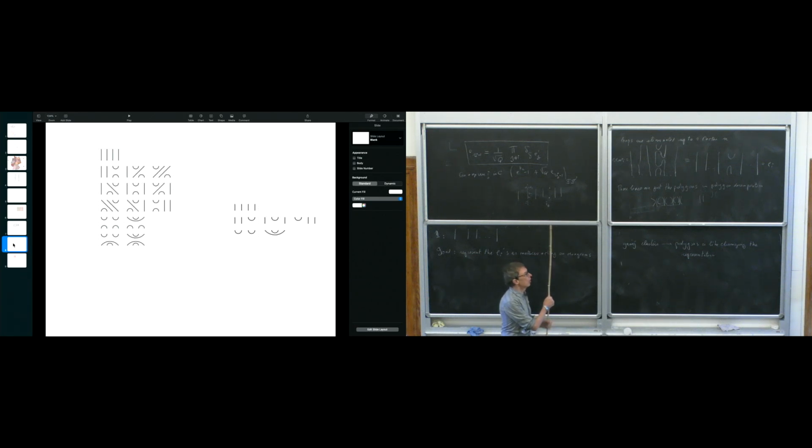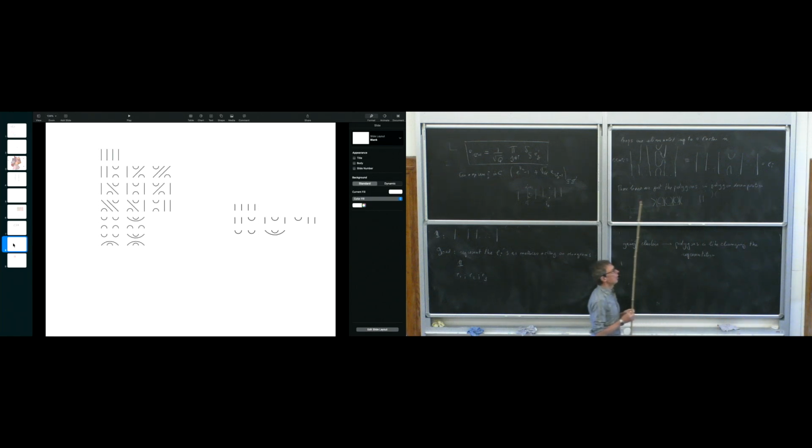I have 9 diagrams below. This is E3, this is E2, this is E1. Okay, so let's start listing them. We have the identity. Now here we have E1, E2, E3.